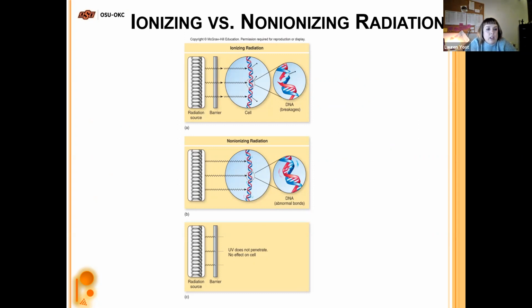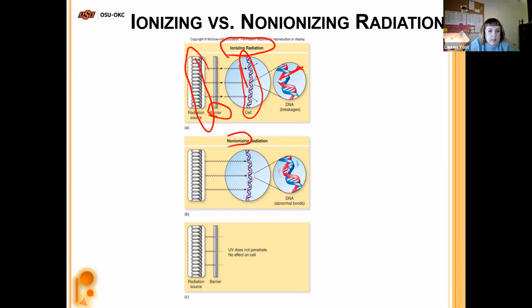So we have this radiation source, whatever is exuding the radiation. With ionizing radiation, we're talking about it being super dangerous. It can get through barriers, it takes very special barriers in order to protect from the ionizing radiation. And so that will still get through that barrier to the cell and the DNA. And then that will cause breakage due to loss of the electrons being expelled out from that radiation contact, turning it into ions.